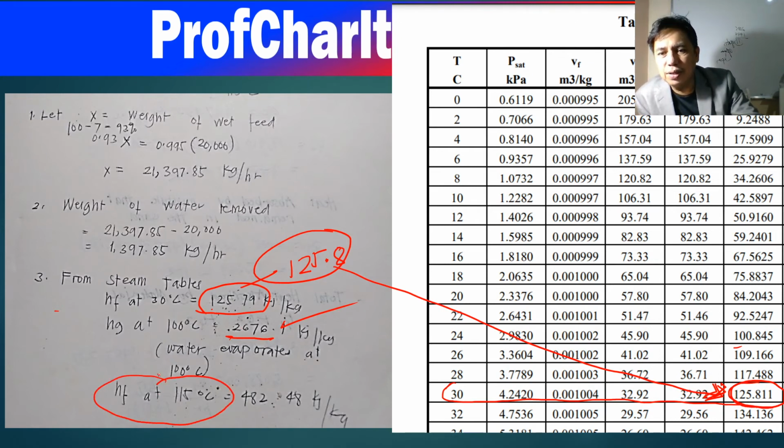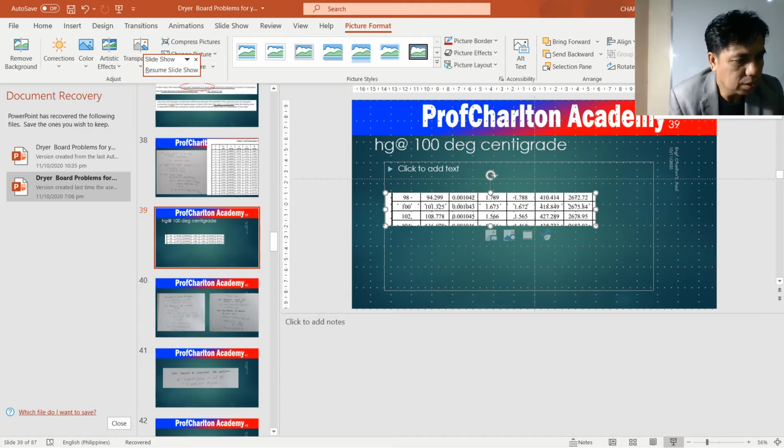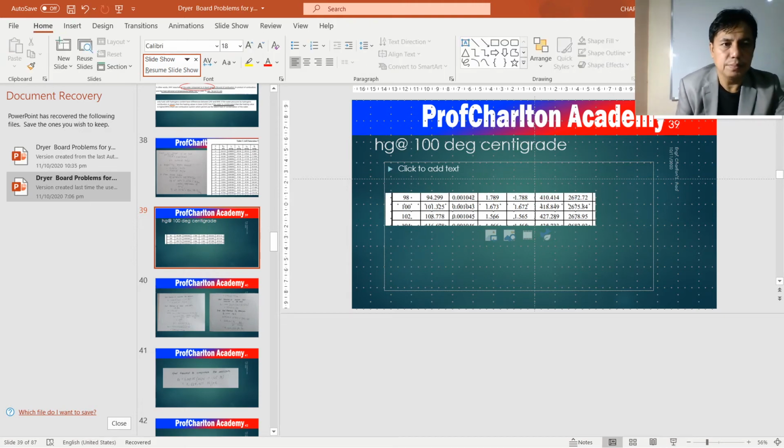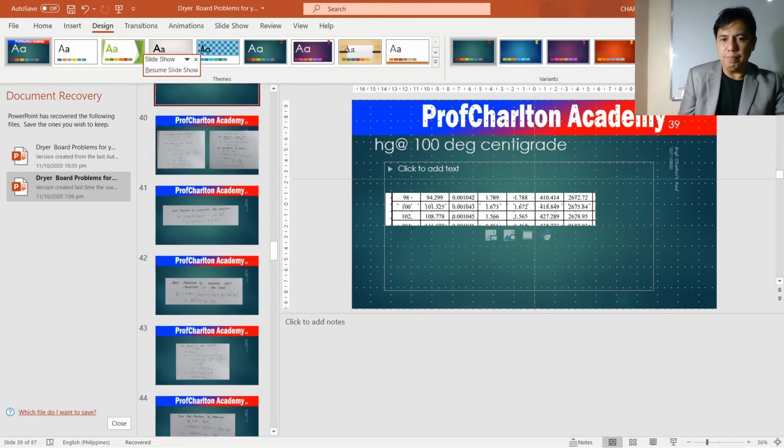What is the enthalpy of saturated fluid at 115 degrees centigrade? So let me go back to the internet and find this. 115, right? What's happening to this mouse? Kind of stuck up here.